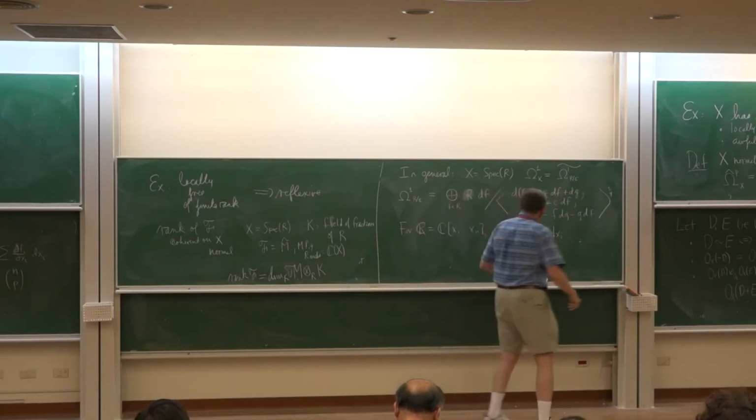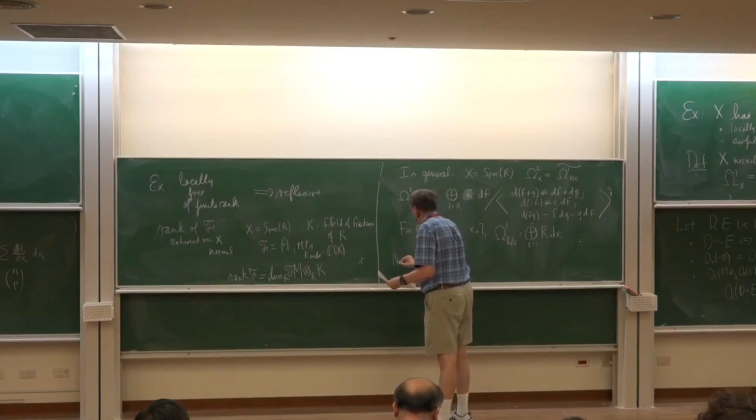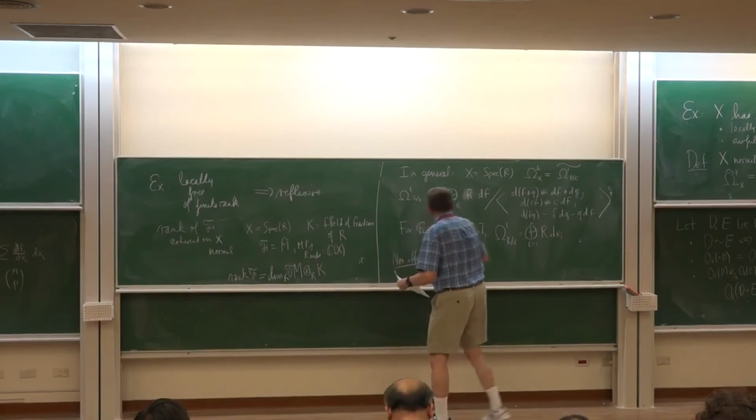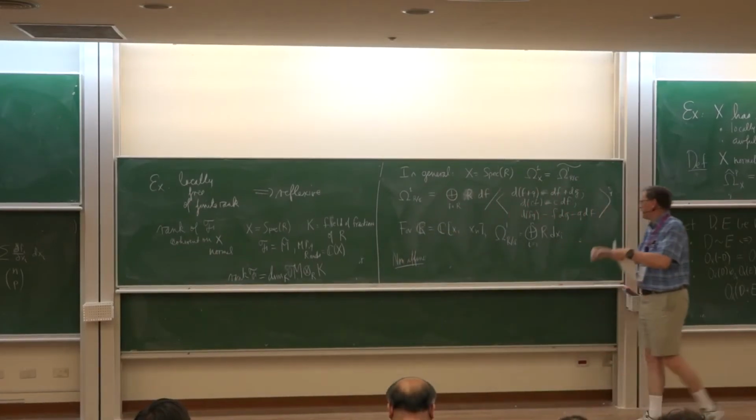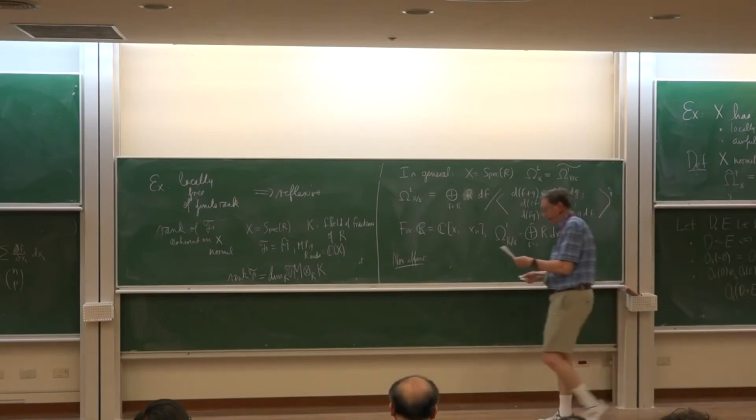And then, of course, in general, for the non-affine, the thing is, this has very good functorial properties. It behaves well under localization and all sorts of other stuff like that.